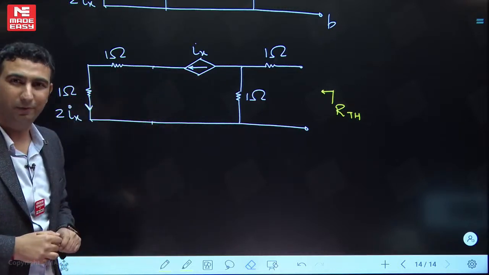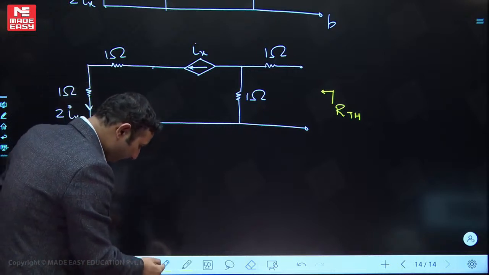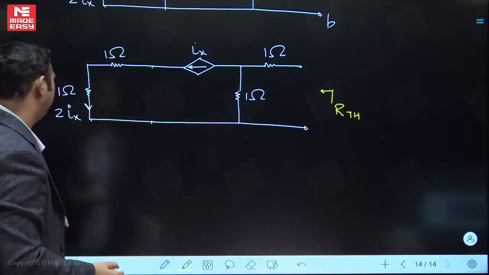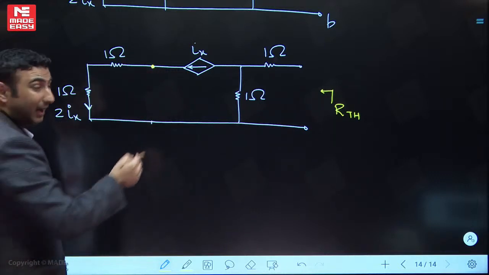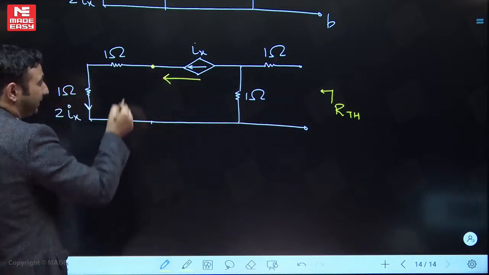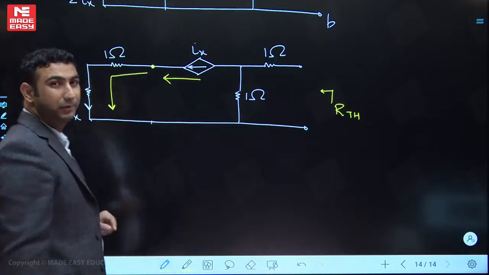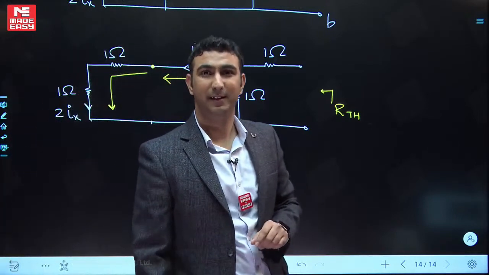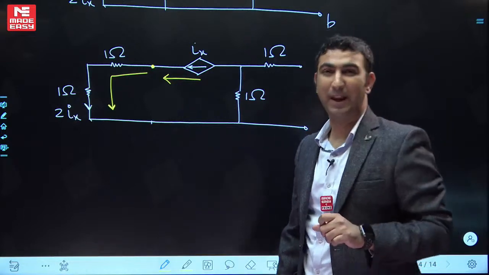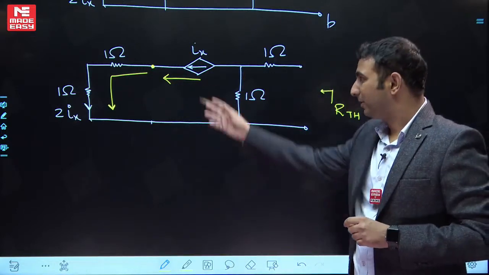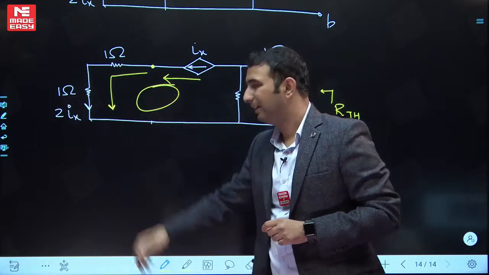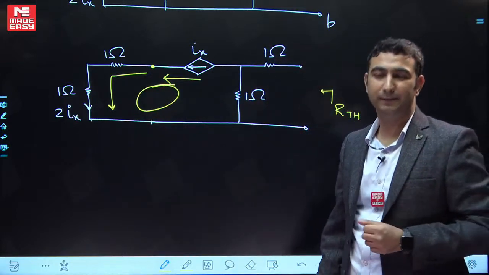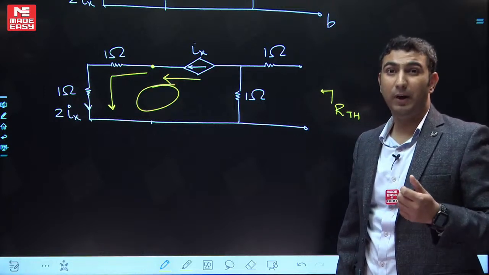Fine, but please observe one point carefully. If you apply KCL at this point, Ix is coming equal to 2Ix. Is this possible? This is not possible. It means if you deactivated the source to find RTH, the circuit itself will not be possible. So how to handle it now?